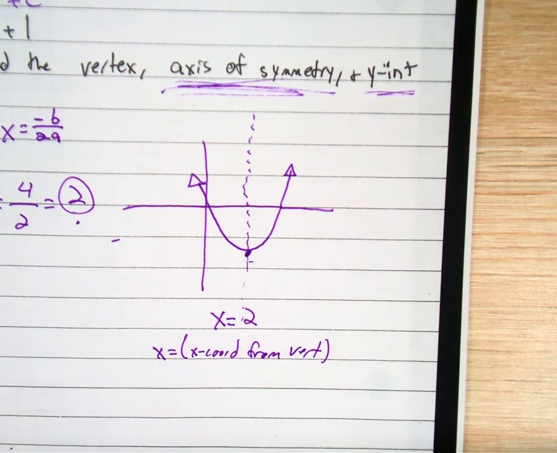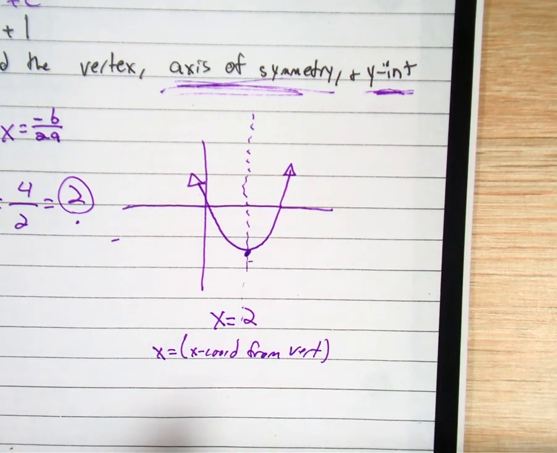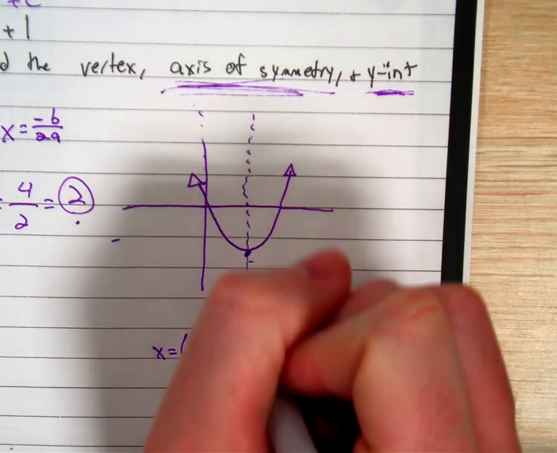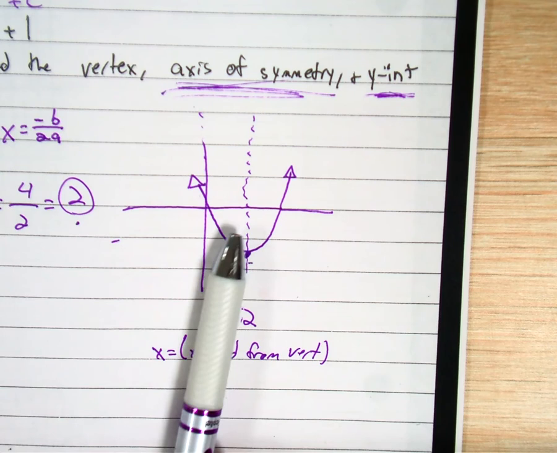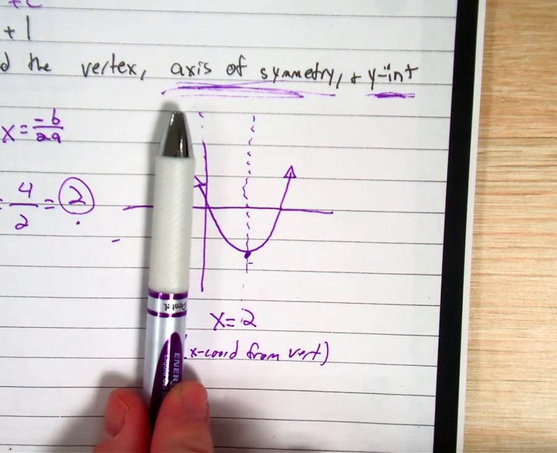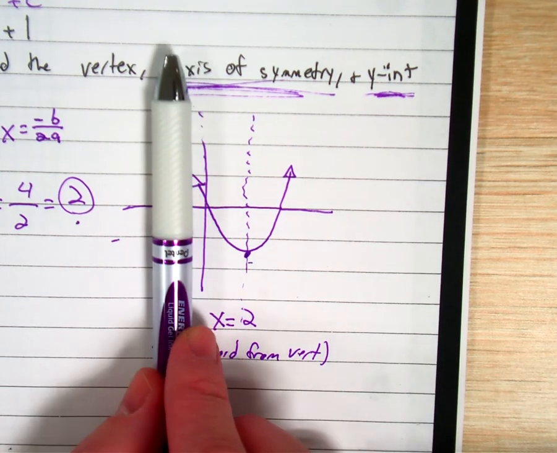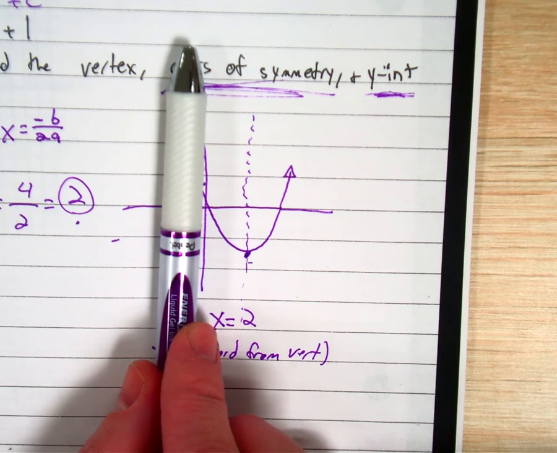All right, and the y-intercept. The y-intercept is where I cross the y-axis. What would be the x-coordinate for any number over here on the y-axis? 0.